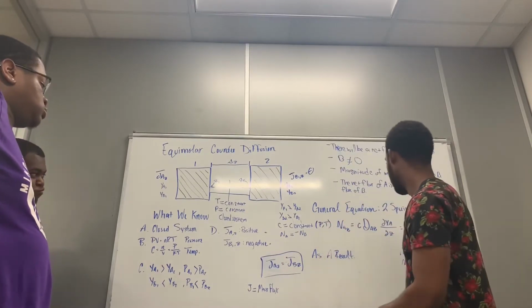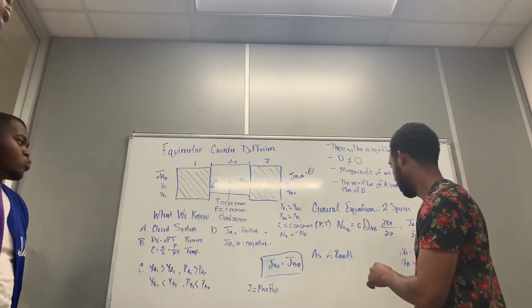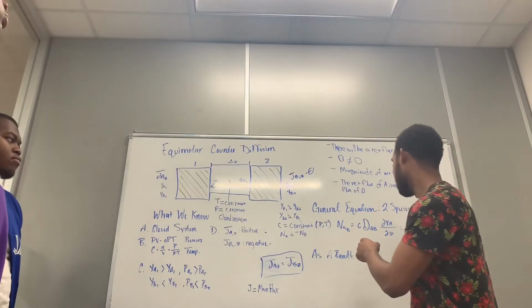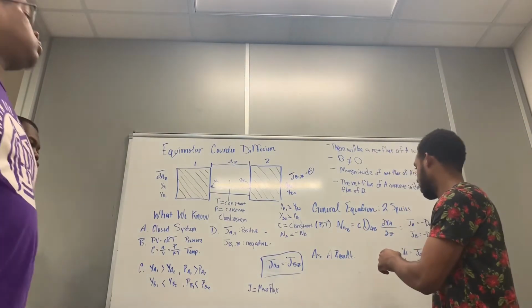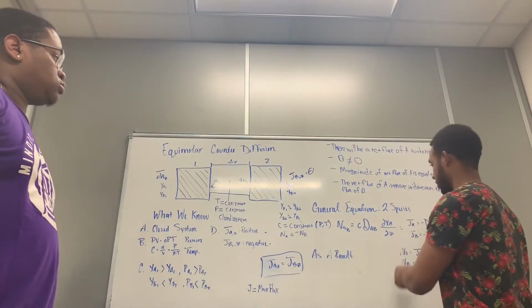And then also the general equation for equimolar diffusion: the flux of A going in the Z direction is equal to the diffusion coefficient times the concentration gradient.